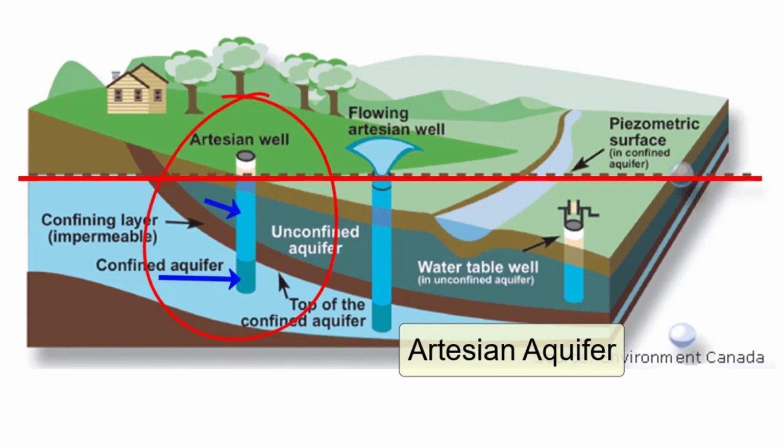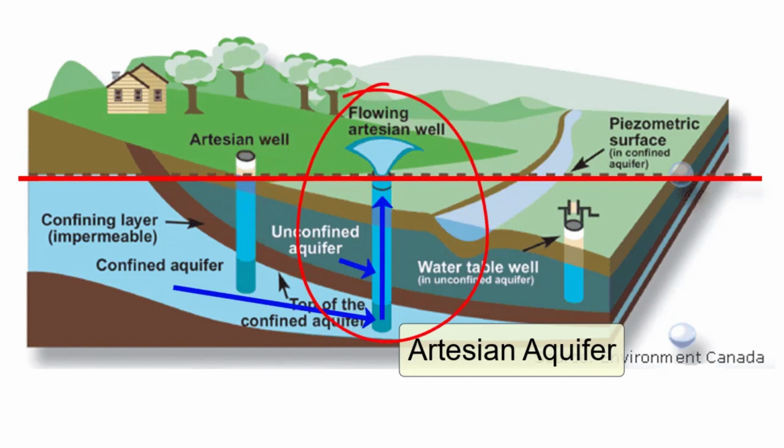It was drilled at an elevation that exactly matches the water table level of the confined aquifer. Once this well is drilled, therefore, water from the confined aquifer will rise up to the surface and sit there in the well structure at the water table level. We call that well an artesian well because it is produced from an artesian aquifer which was under pressure.